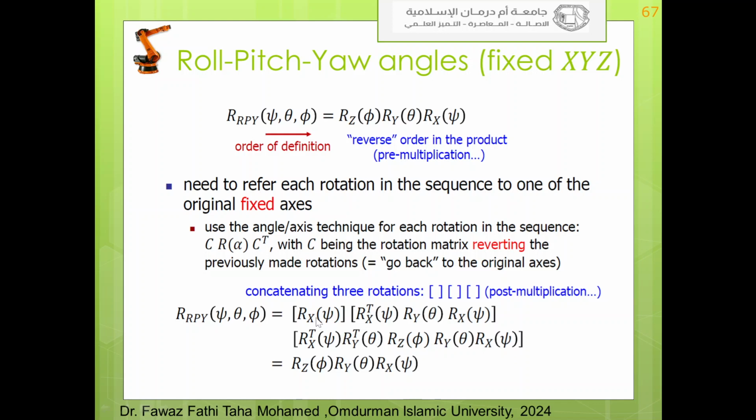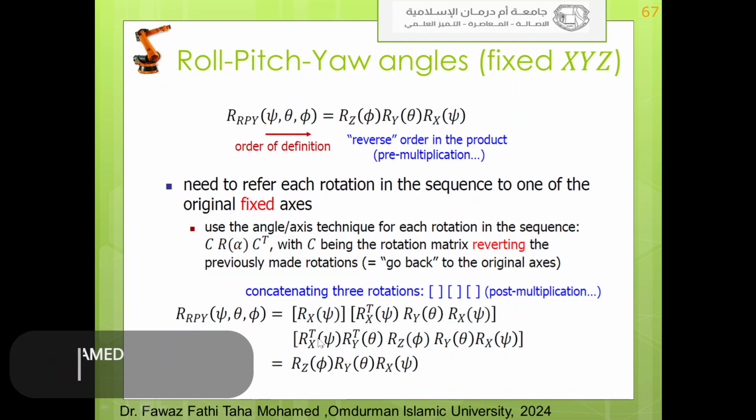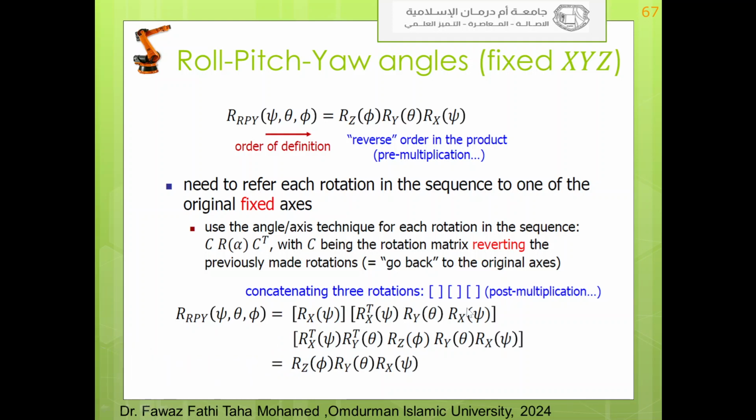If I simplify this long term, Rx Rx transpose equals 1, and Ry Rx multiplied by Rx transpose Ry transpose equals 1. So we get the final Rz phi Ry theta Rx psi, and this is equivalent to this term.